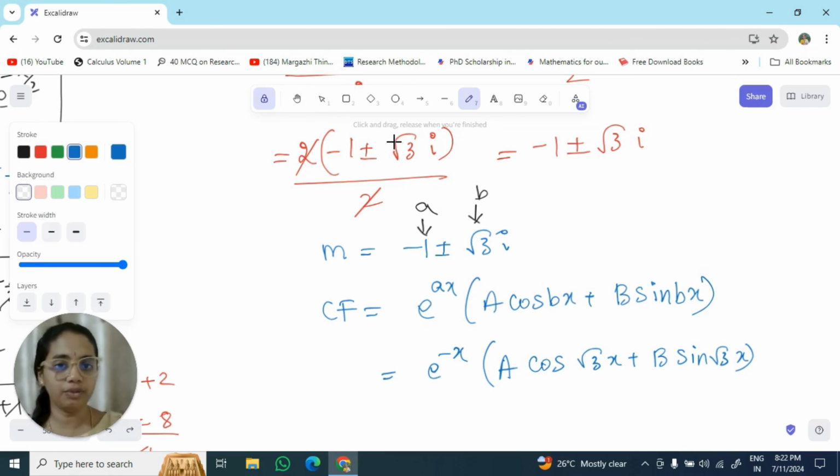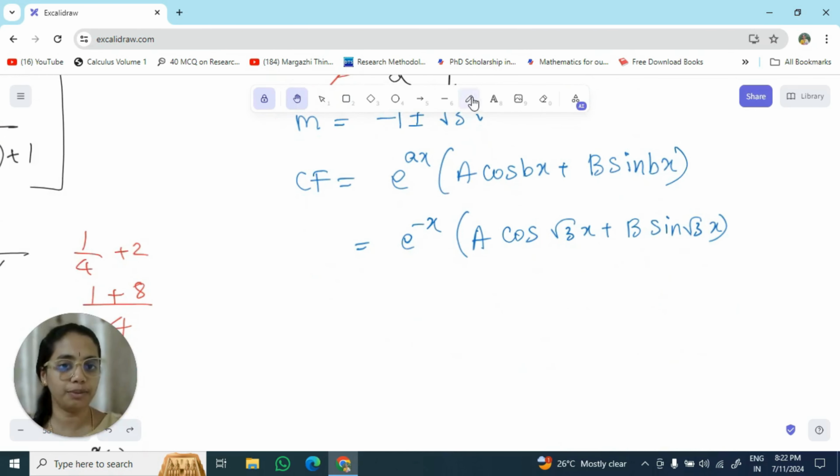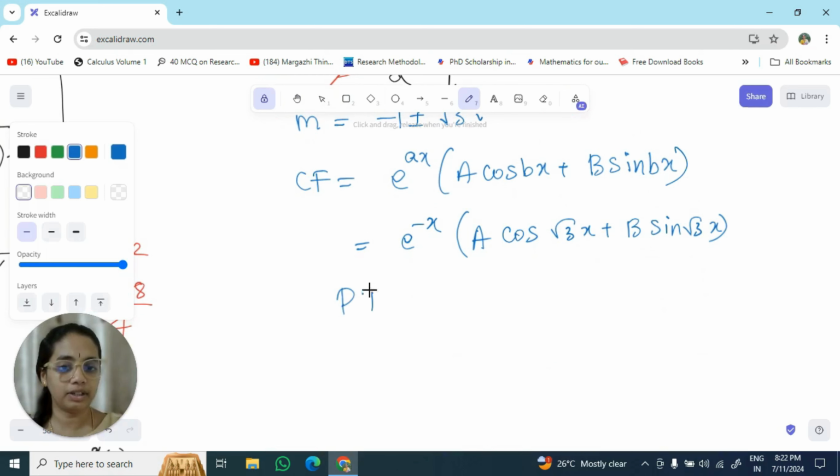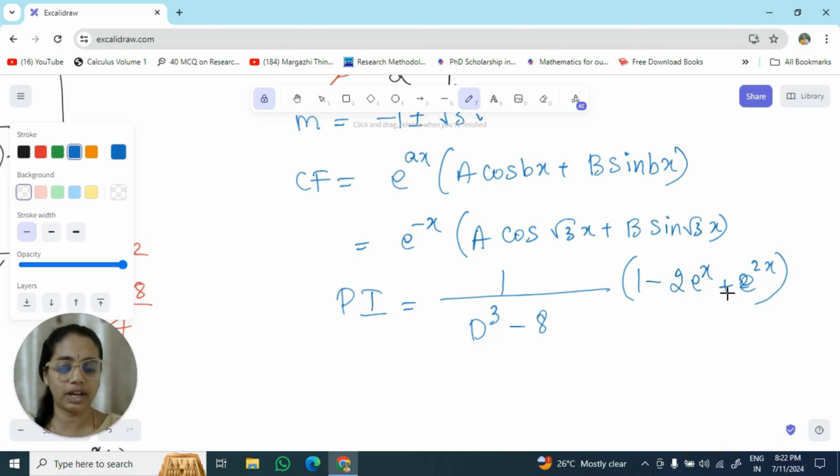Now moving on, let us find the particular integral. The particular integral would be 1 divided by (D³ - 8) into (1 - 2e^x + e^(2x)). This is what we had, right?